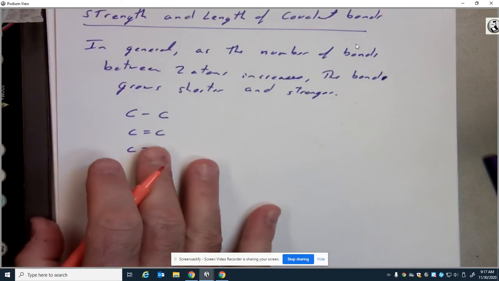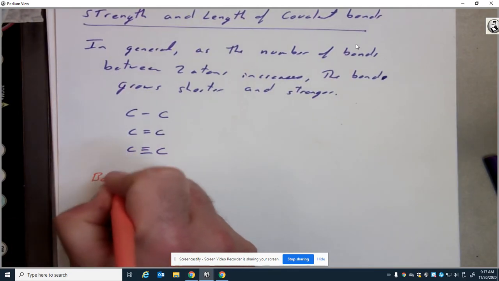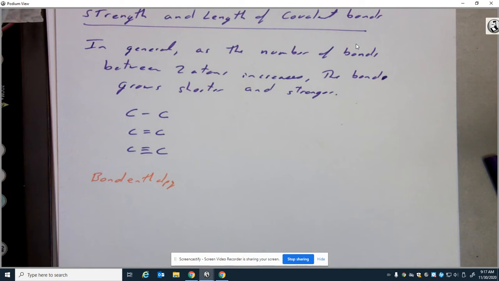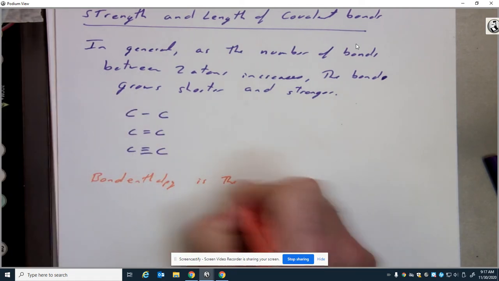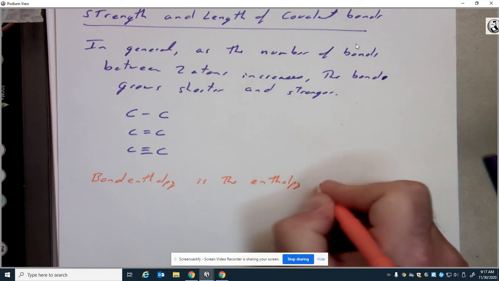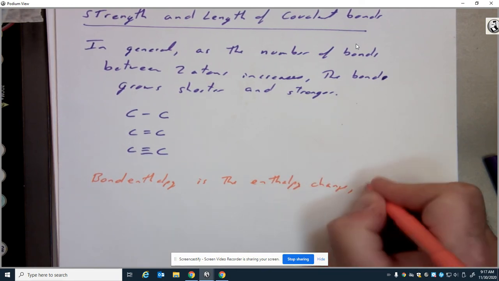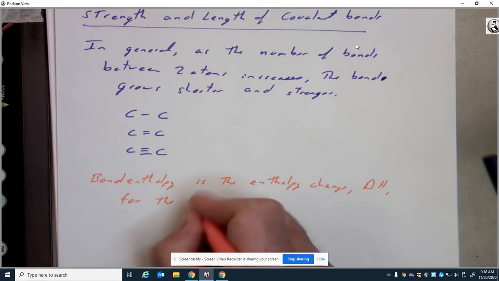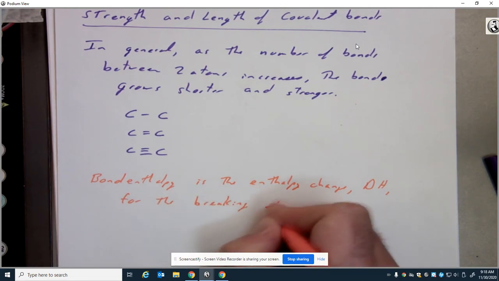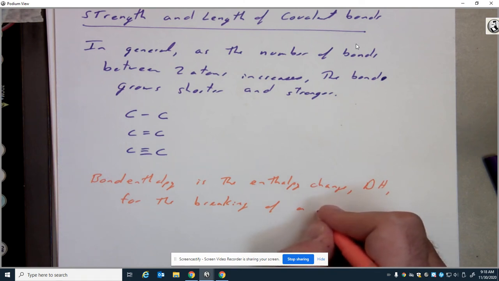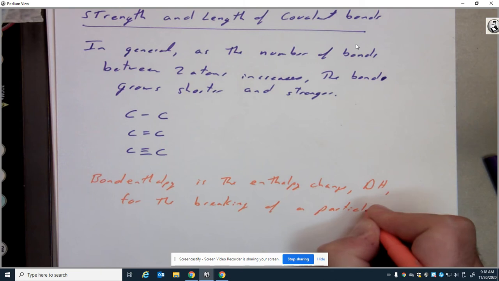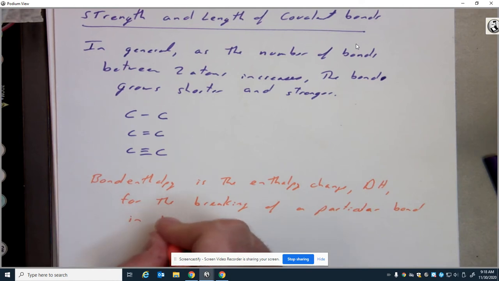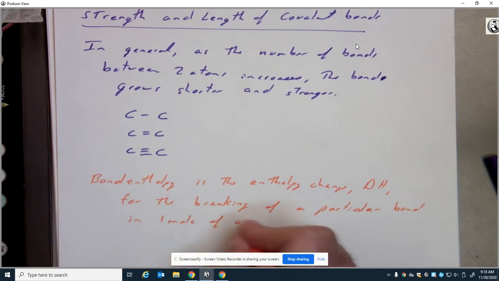So if you remember, bond enthalpy is the enthalpy change, remember, enthalpy change is delta H, for the breaking of a particular bond in 1 mole of a gaseous substance.